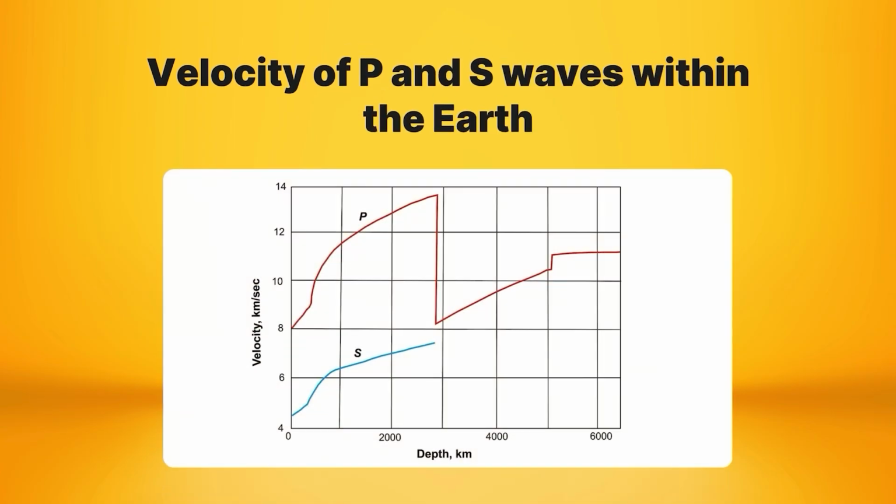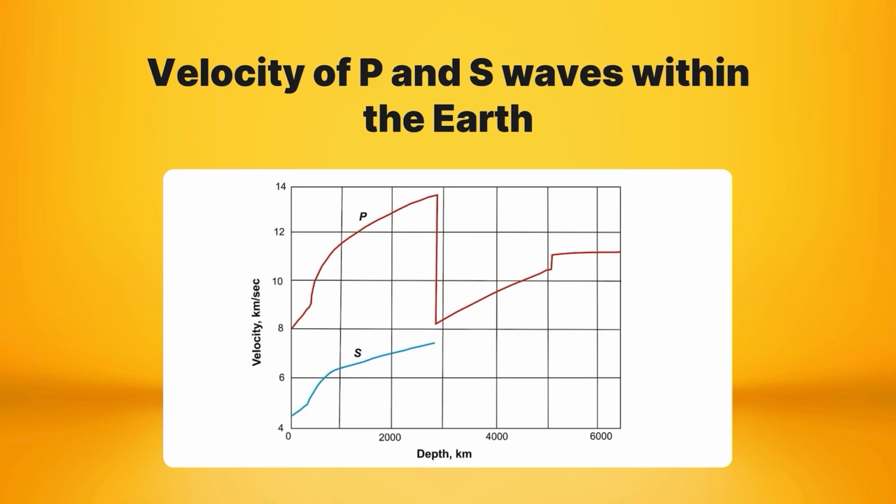Similarly, the velocities of P waves, meaning primary waves, and S waves, meaning secondary waves, within the earth also change with depth. Here there are primary waves. The primary wave is again changing its velocity. The velocity change in the seismic wave depends upon the compactness of the material.